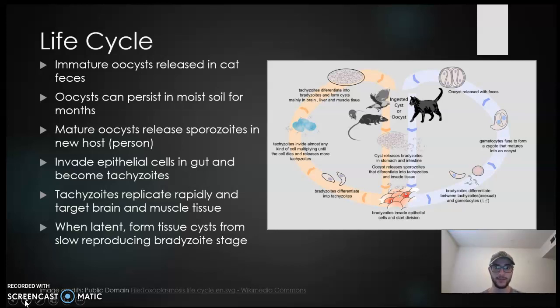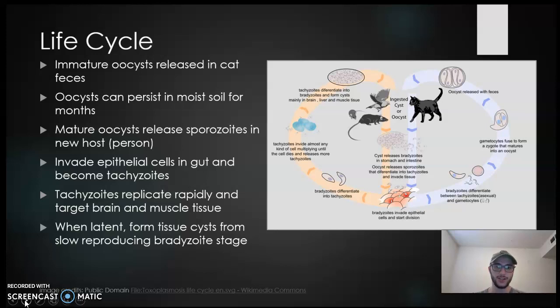And when the immune system successfully fights that infection off, they differentiate into bradyzoites, which like to sit in the brain, the muscles, and the liver. The bradyzoites form tissue cysts. If meat containing the tissue cysts is ingested by anything else, the cycle repeats, just as if the tissue cysts were an oocyst.